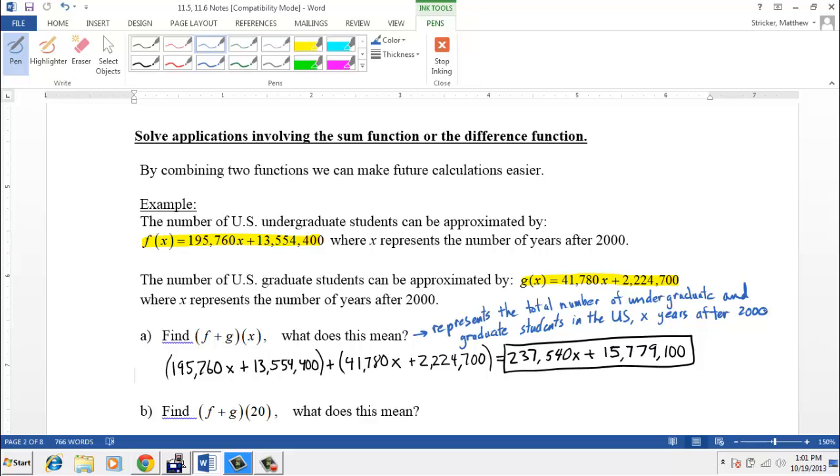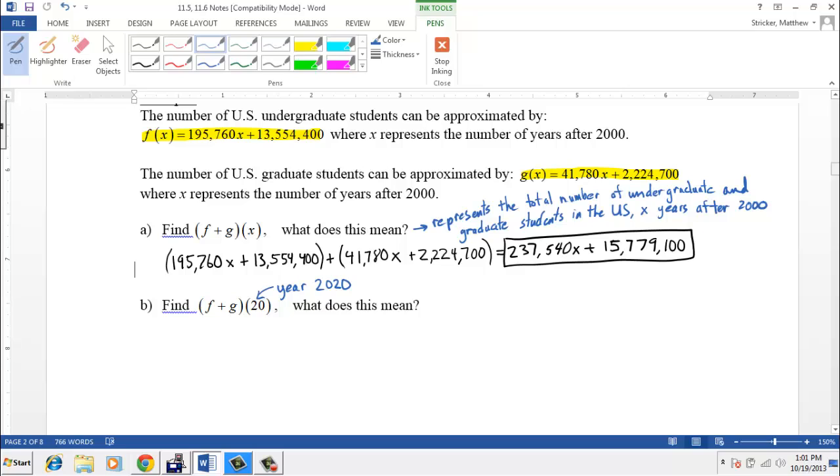So what if the years after 2000 is 20? Then that's the year 20 years after 2000, which would be the year 2020, and I could calculate it. f plus g of 20 would come out to 237,540 times 20 plus 15,779,100. Do that calculation real quick here.